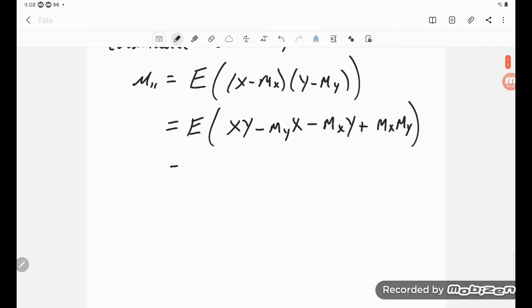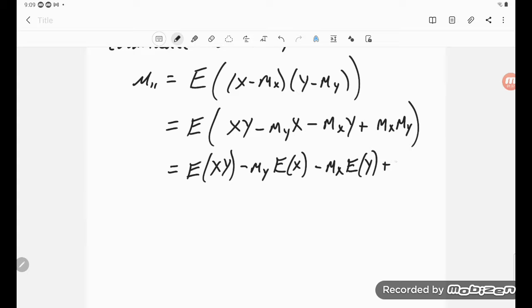And so then this is the expected value of xy minus my times the expected value of x minus mx times the expected value of y plus mx my.